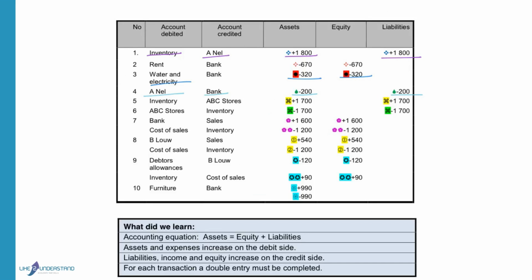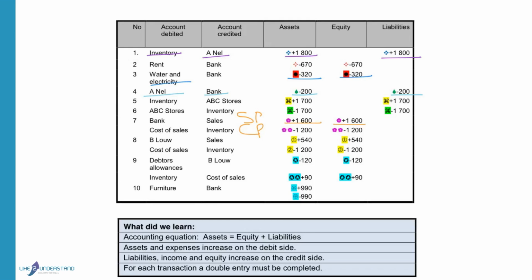When we sell goods, we must do two double entries, one at sales price and one at cost price. So at the sales price, we will debit the bank to show that the total money that was received in the bank was 1,600. We will credit sales because our income is 1,600.